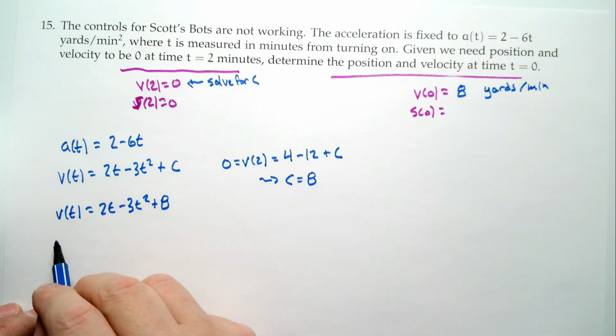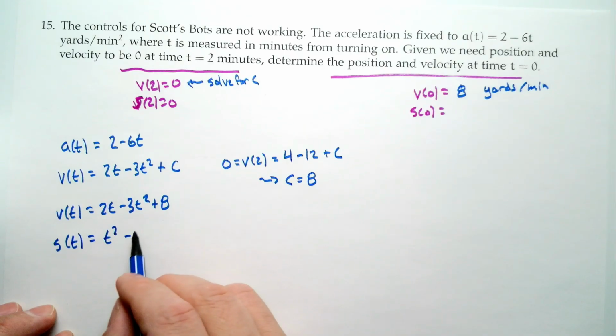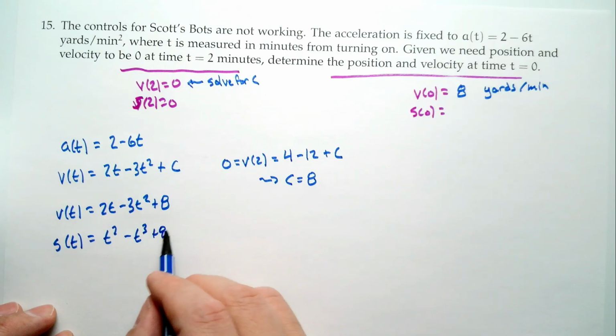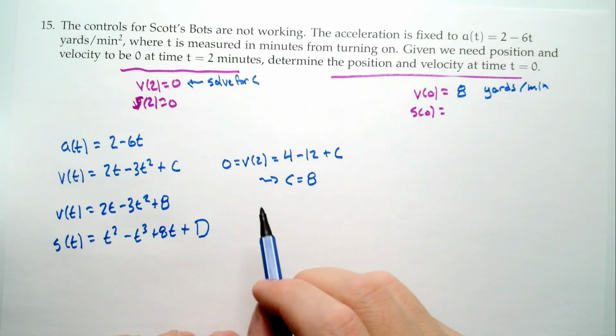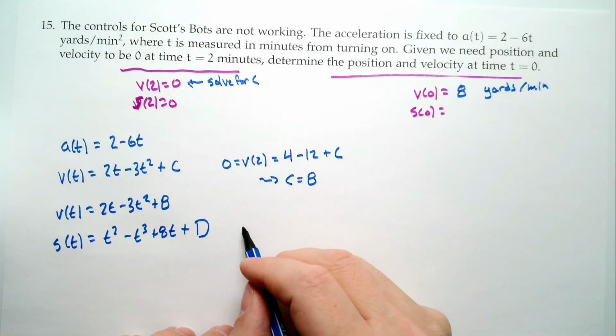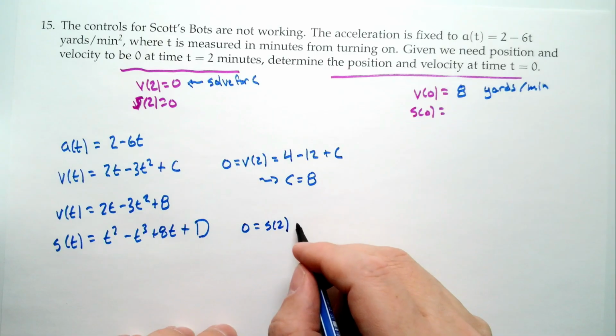So we integrate velocity to get that position is t squared minus t cubed plus 8t plus some other constant. I'm going to call it d. The reason I don't want to use the same constant is that it's not necessarily going to be the same value. So I don't want to get confused by that. So we do what we did here. We say, okay, I know I need to have 0 equals the position at 2. So we plug in 2.